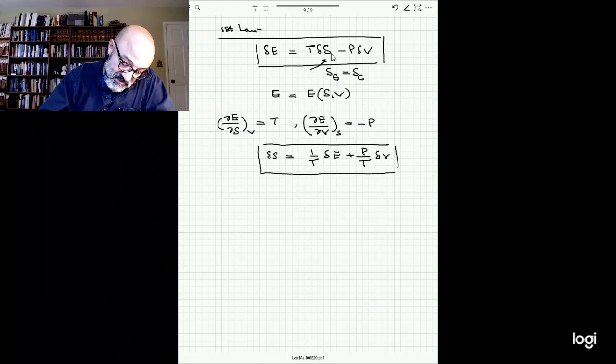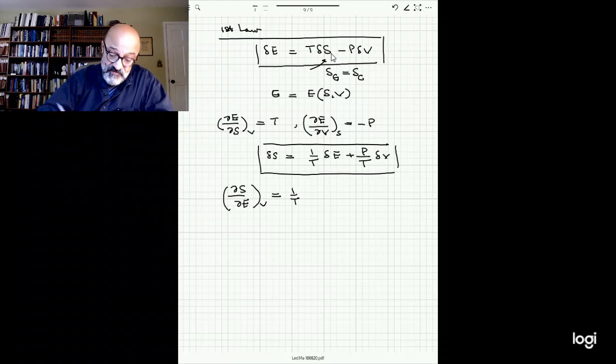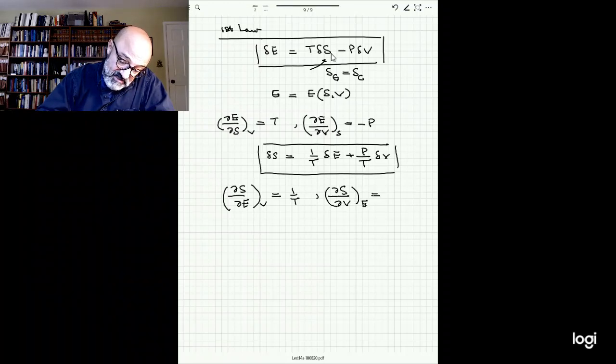And from here you get that the derivative of entropy with respect to energy at constant volume is 1 over T, which is the expression we had before, and the derivative of entropy with respect to volume at constant energy is equal to P over T.